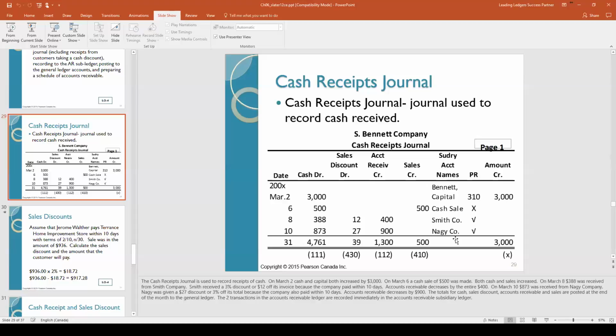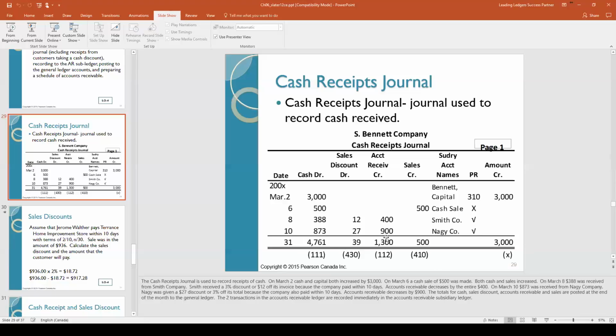So at the end of the month, I add up all my columns. So I crossfoot the totals, which means I add up my debit column. So I add up these two debit columns. I add up my credit columns. And then I do a double check. I want to make sure that I didn't miss anything. So I make sure my debits equal my credits. I add up the two debit numbers and I add them together and I get 4,800.